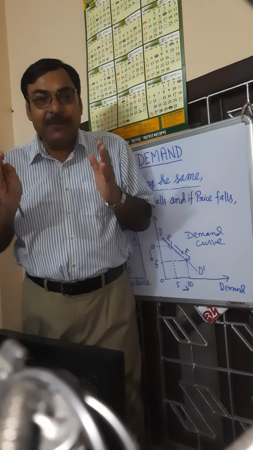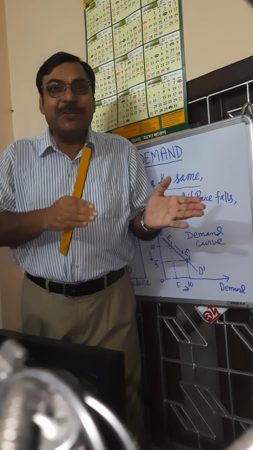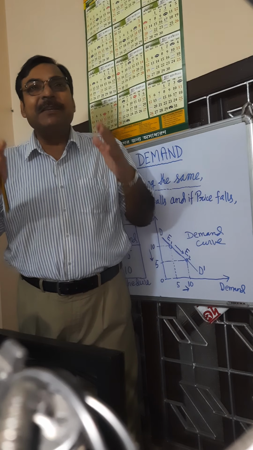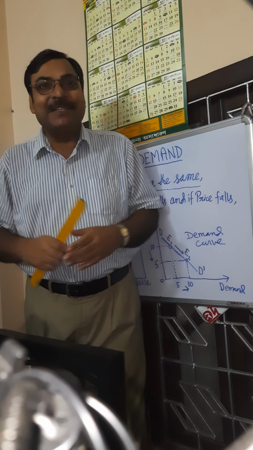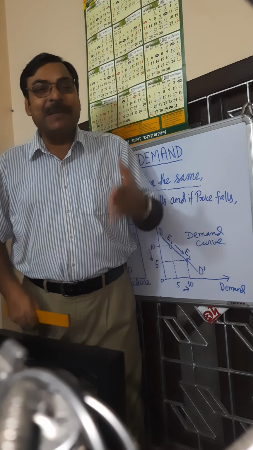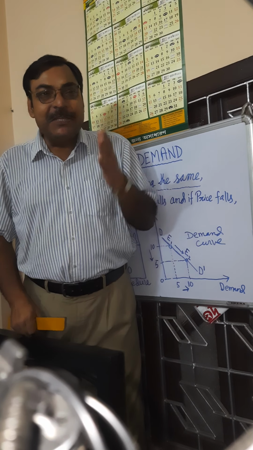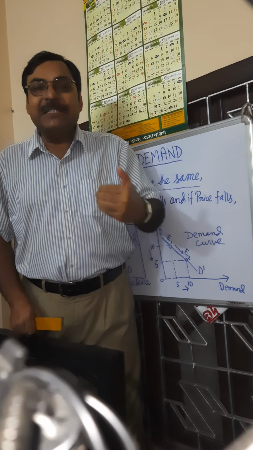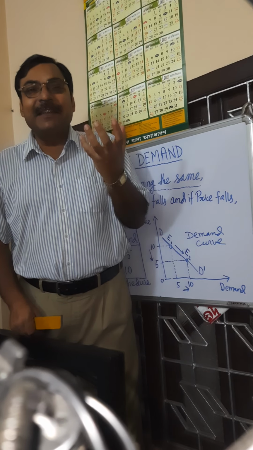So both factors, substitution effect and income effect, operate simultaneously in the same direction. Price has fallen, the commodity has become cheaper. Due to the substitution effect, the consumer is buying more. Price has fallen, there is a real gain in income.